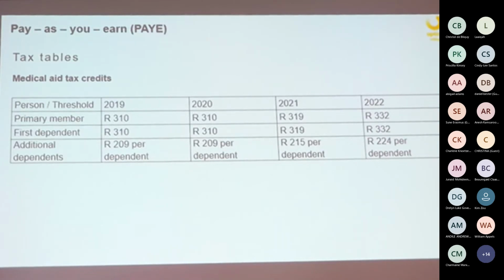Remember that tax credit is from your tax. It is not a deduction, it is a tax credit, which means it is deducted from your tax, not from your remuneration.